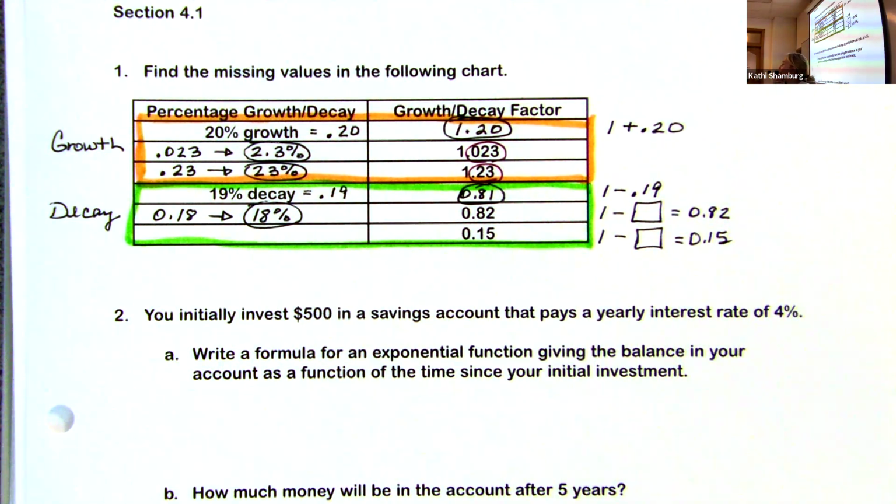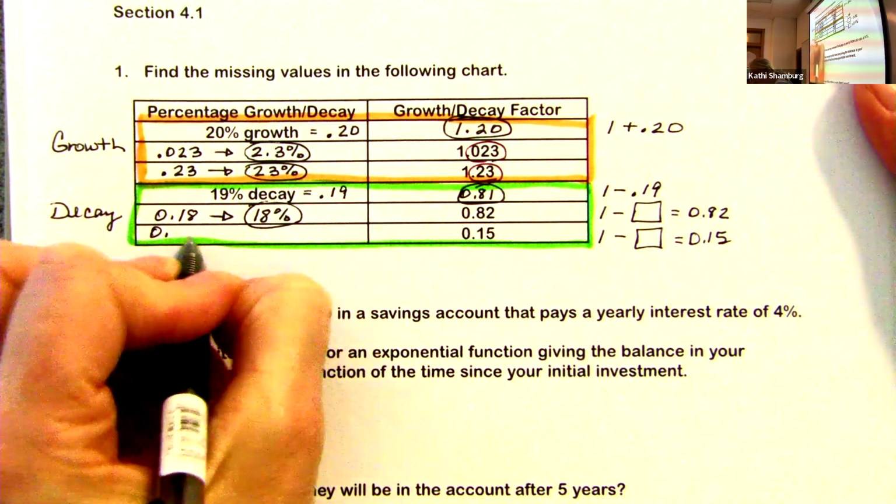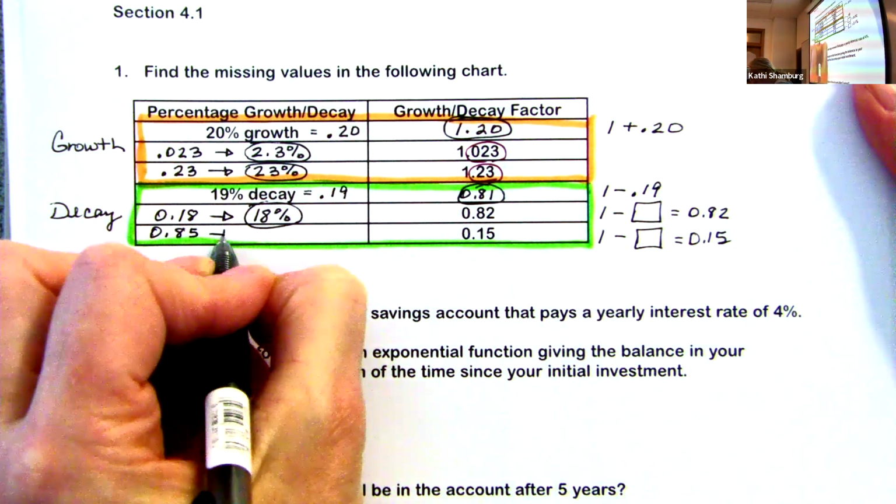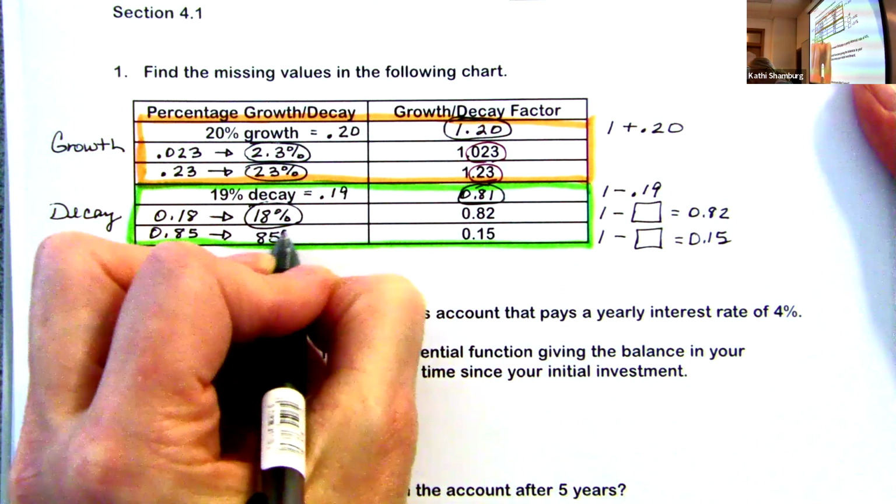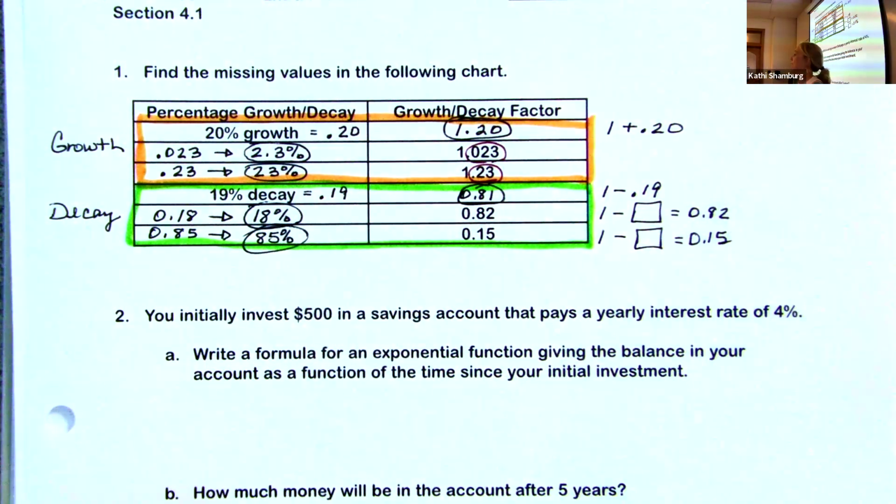So ask yourself, 100%, 15% plus what percent is 100%? 85%. So it would be 0.85 or 85%. That's a big decay. Really, really fast. I would hope that would not be an investment because I would be really, really sad.